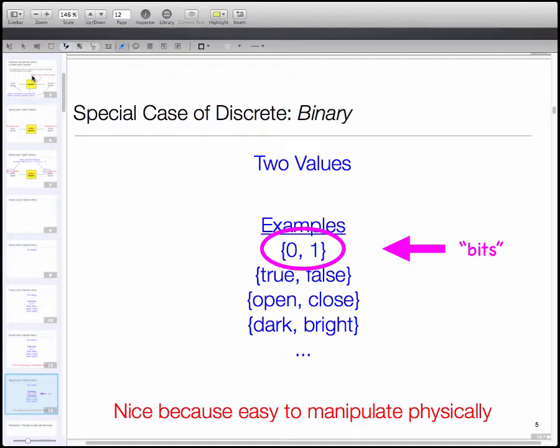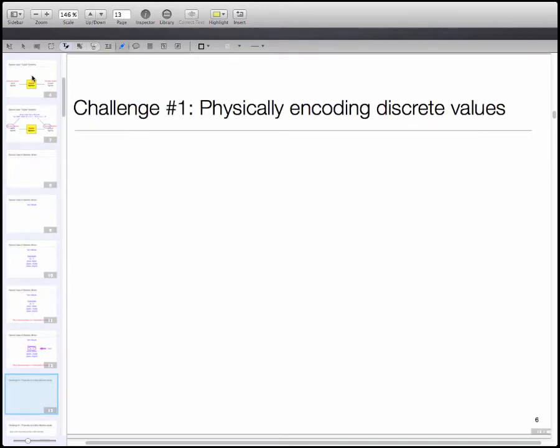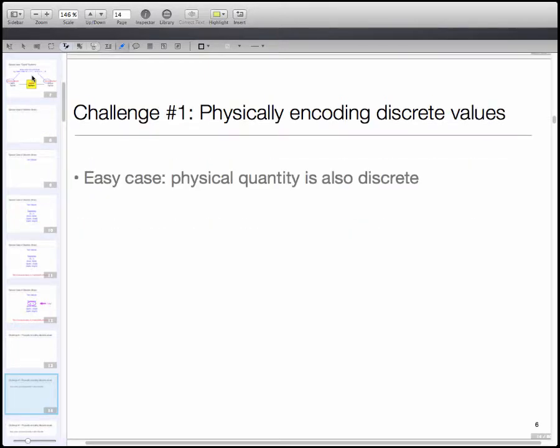So when we have systems with two states, and particularly when we label them 0 and 1, then we call them bits, by analogy with digits, and that's what much of our electronic computing is based on. Now, several challenges arise.